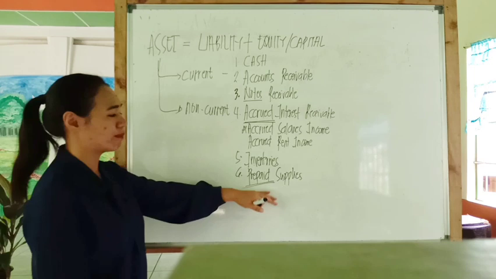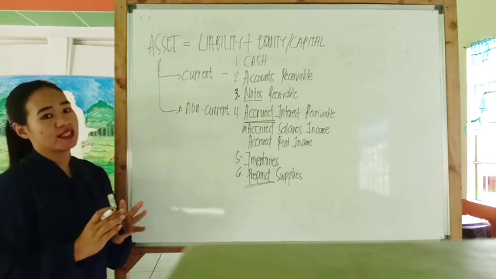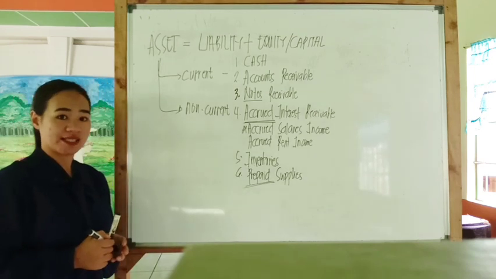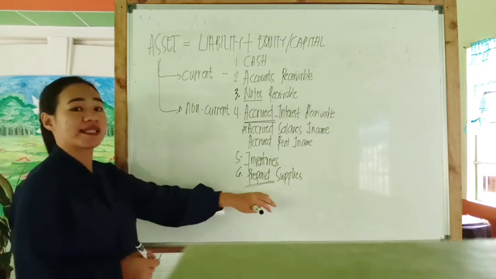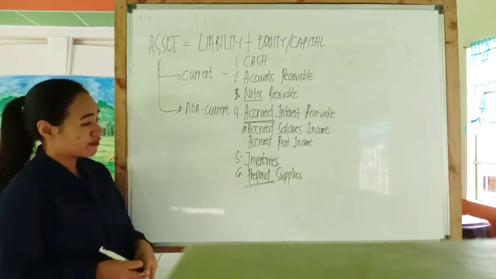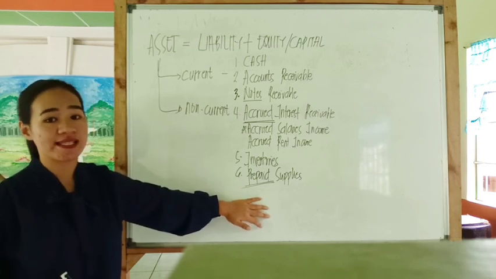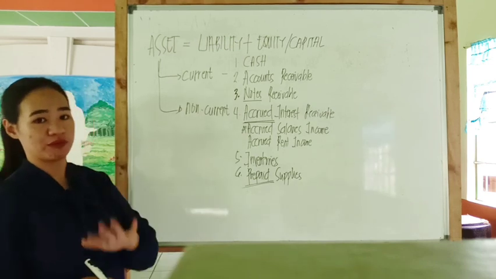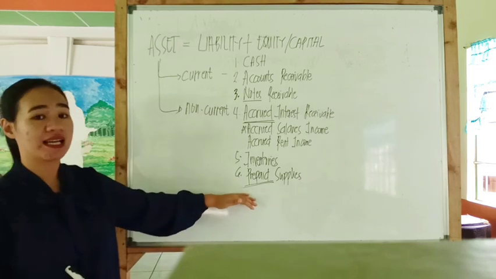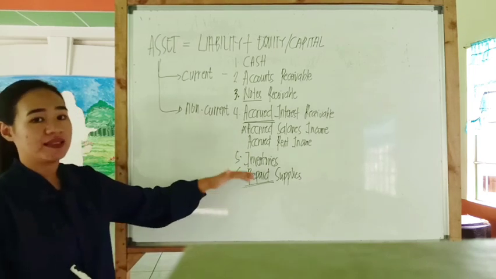So, ibig sabihin yung prepaid supplies, nabili natin siya na supply, pero hindi pa natin siya nakukonsume. That is considered as an asset of the company. However, kung makukonsume na natin siya, that will be considered as your supplies expense kung magagamit mo na siya. But since hindi mo pa siya nagagamit, prepaid supplies.